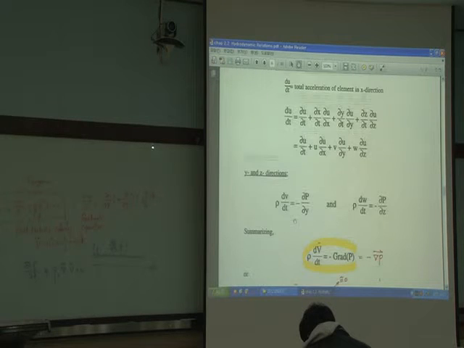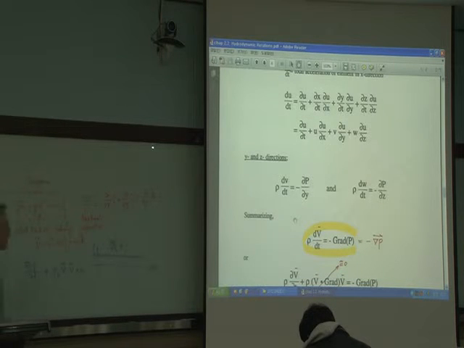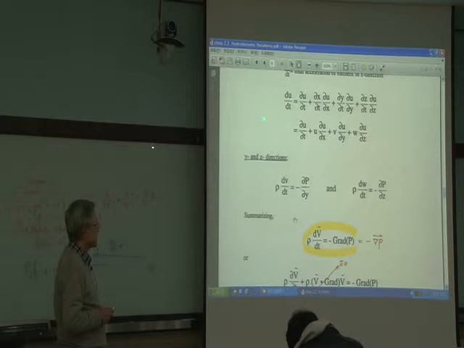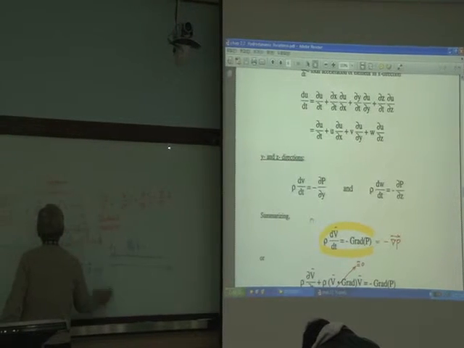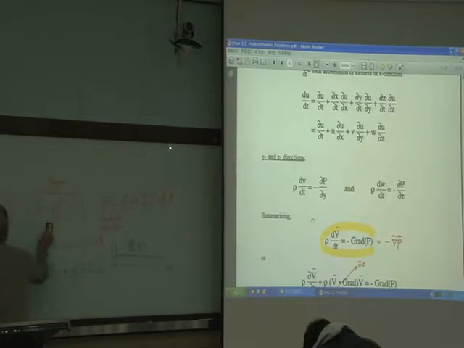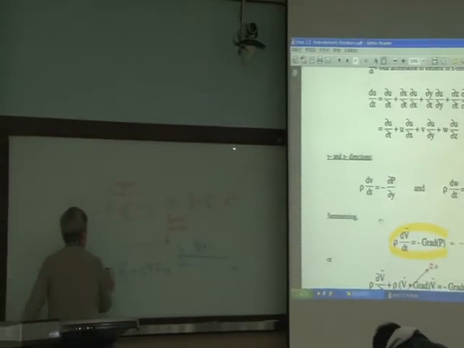Okay, so the y-directional equation, the z-directional equation, take a vector sum in the x, y, z directions, then you have the pretty important conservation of momentum equations. Okay, so the conservation of momentum equation.